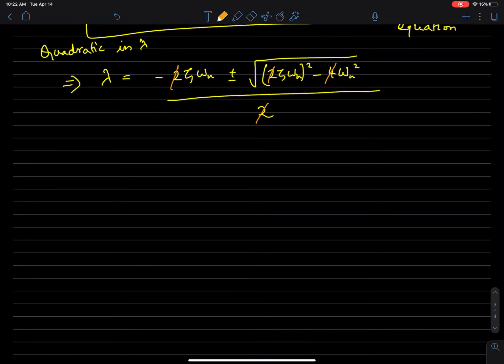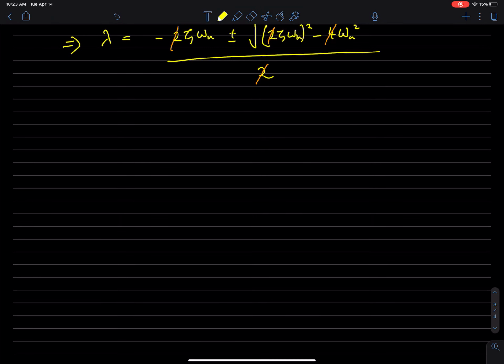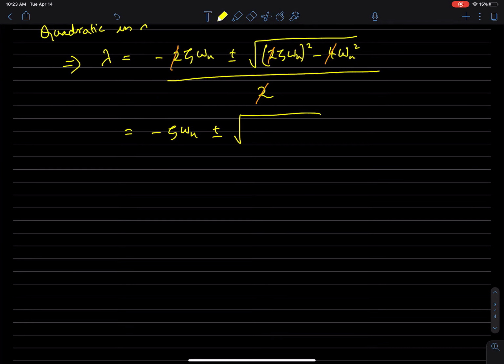Okay, so we can rewrite this as minus zeta omega n plus minus square root of, and we can simplify a little bit.